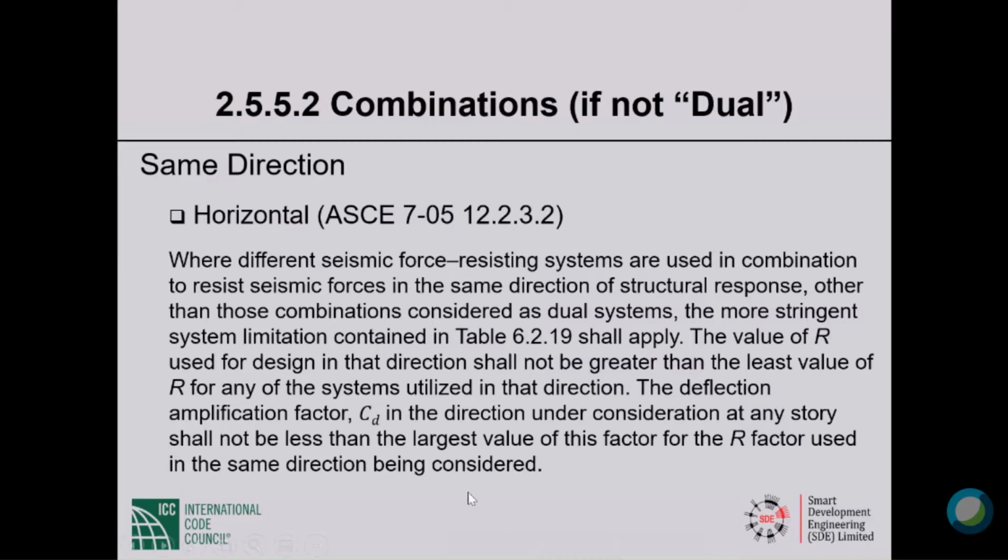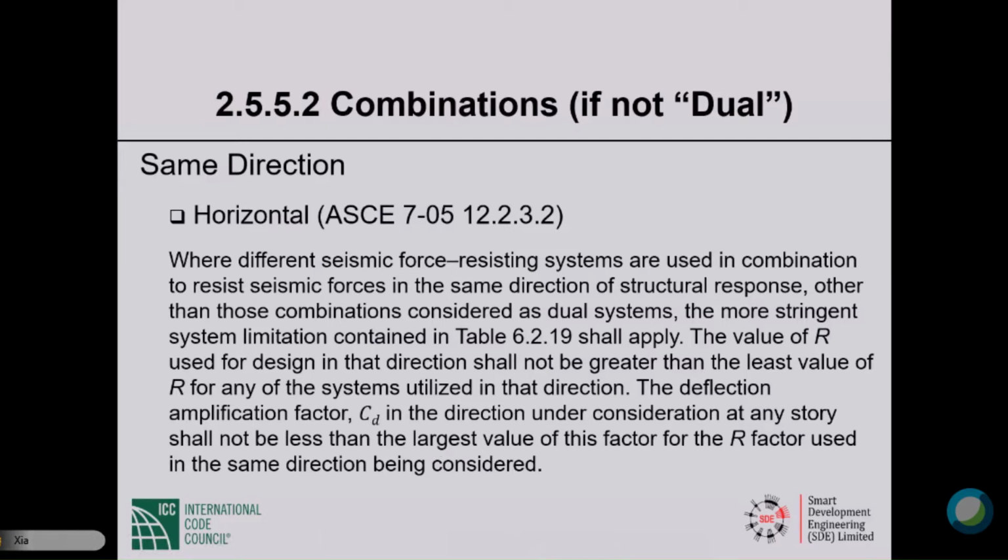Deflection amplification factor C sub D in the direction under consideration shall not be less. So C sub D will be the largest, and omega sub 0 also shall be the largest. BNBC doesn't say that, ASCE 7-05 says that.